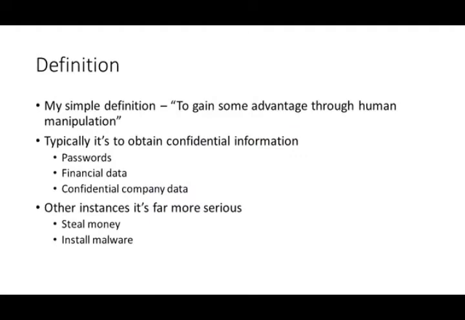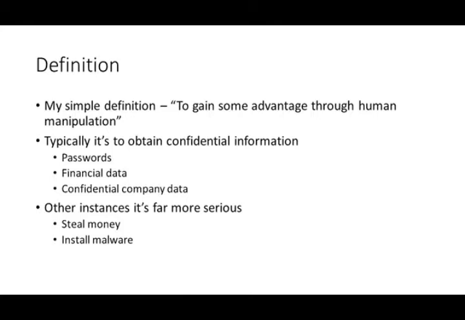So my very simple definition of social engineering is to gain some advantage through human manipulation. Now, there are many other definitions out there, but this is the simplest form: to gain some advantage through human manipulation. So, lying, for example.